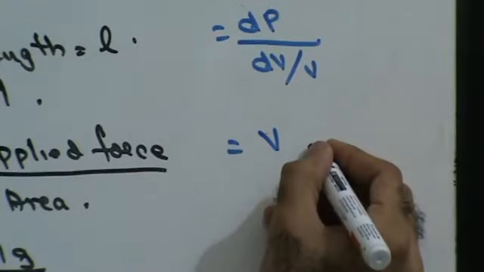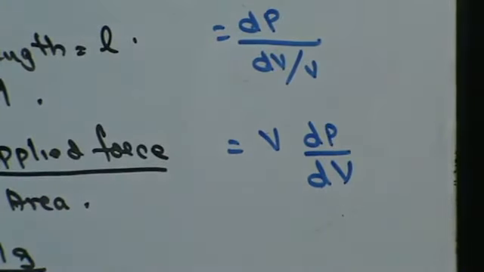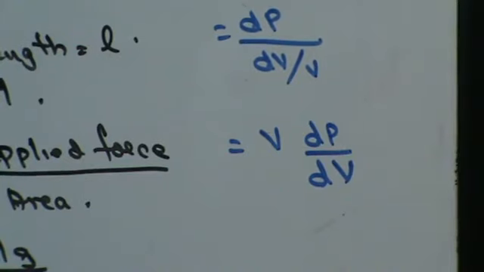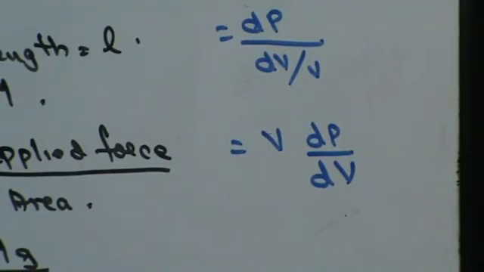So bulk modulus is going to be V dP by dV. Solids, liquids and gases all possess volume. Thus bulk modulus is a property possessed by all three: solids, liquids and gases.